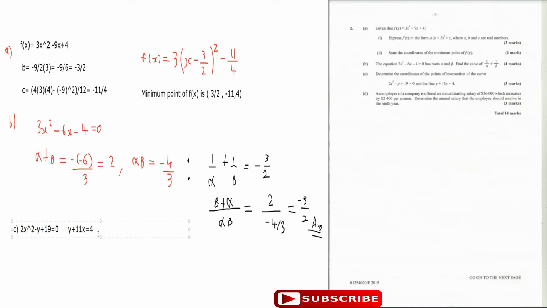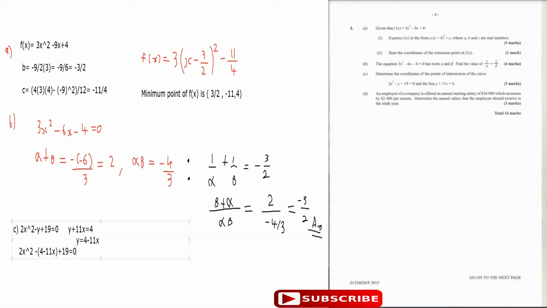Now if y plus 11x is equal to 4, from the second equation we can make y the subject, and so y is equal to 4 minus 11x. Then in 2x squared minus y plus 19 equals 0, y is 4 minus 11x.